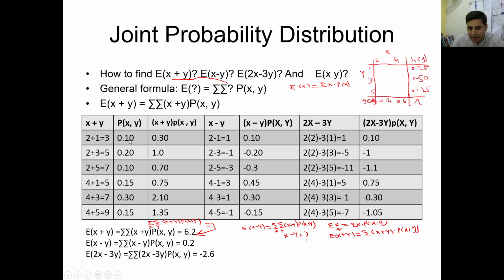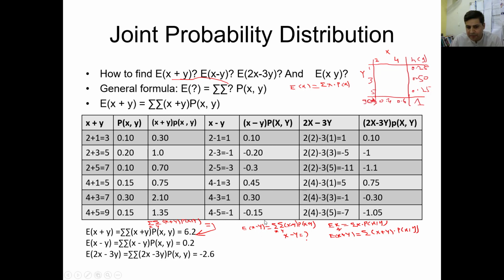1 multiplied by 0.10, it will be 0.10. Minus 1 multiplied by 0.20, minus 0.20. Minus 3 multiplied by 0.10, it will be minus 0.3. 3 multiplied by 0.15, it will be 0.45, and 1 multiplied by this 0.30, and minus 1 multiplied by 0.15, so minus 0.15.